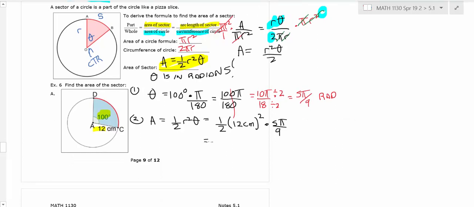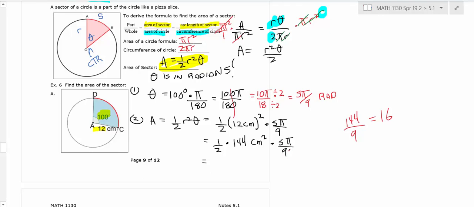So that's going to give me 1/2, and 12 squared is 144. Notice that you have centimeters squared, and that's what you would expect in area, square units. Then we multiply that by 5 pi over 9, and then you can reduce this fraction. There are several ways to reduce this fraction. One thing that I know, and you can use your calculator to help, is that it is actually 16.